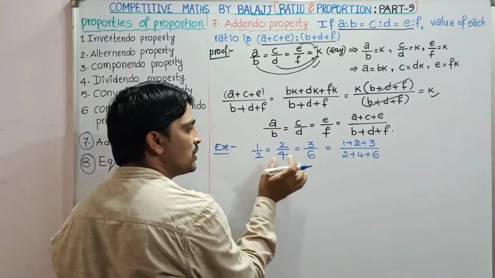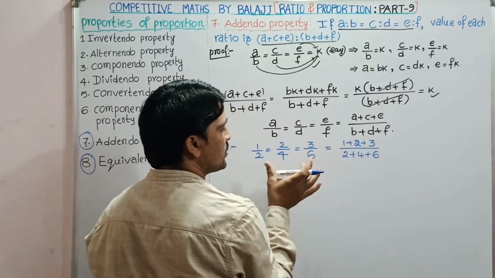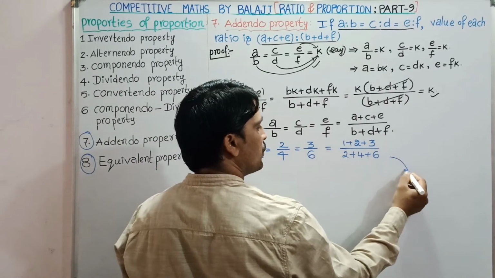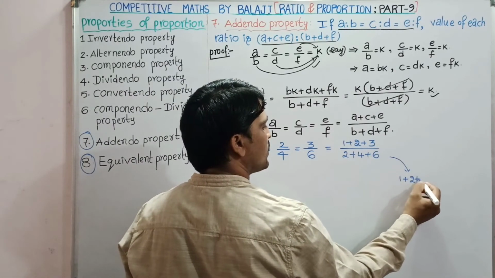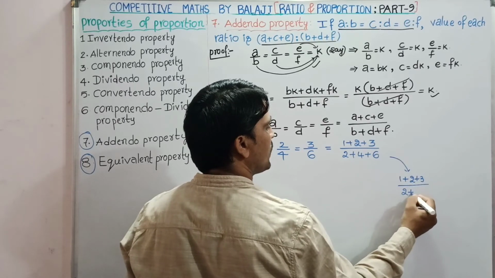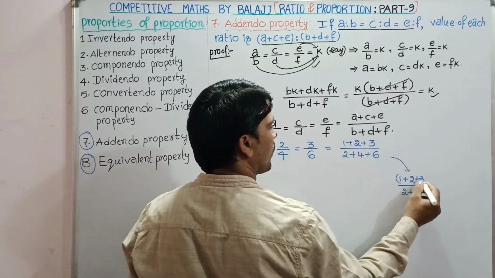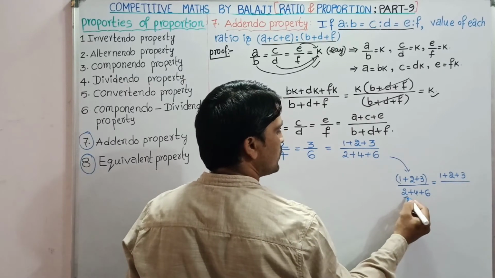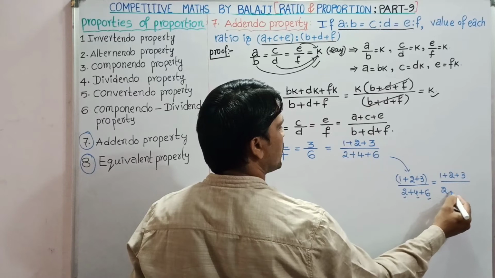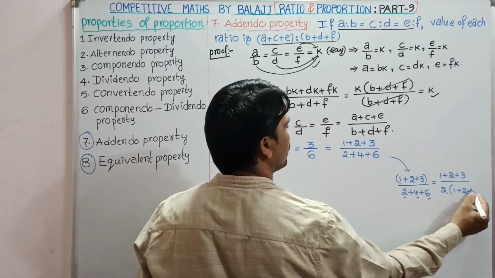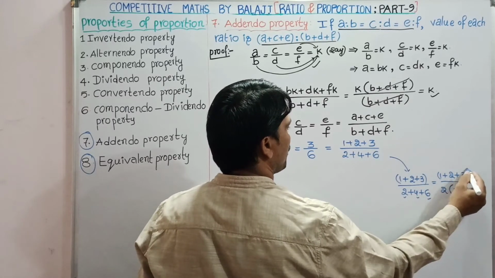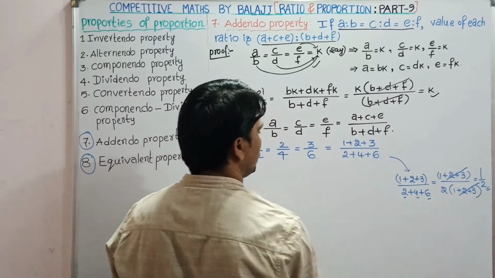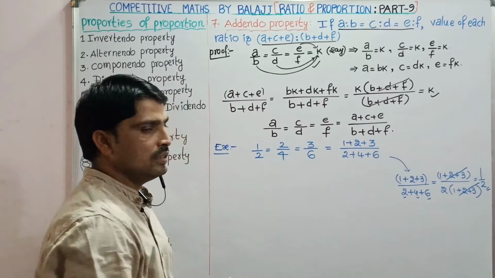So we get 1 plus 2 plus 3 by 2 plus 4 plus 6. In the denominator, 2 is common in each term. Taking it out, in the bracket we get 1 plus 2 plus 3. So 1 plus 2 plus 3 gets cancelled. Again we get 1 by 2, which is already equal to all these ratios.